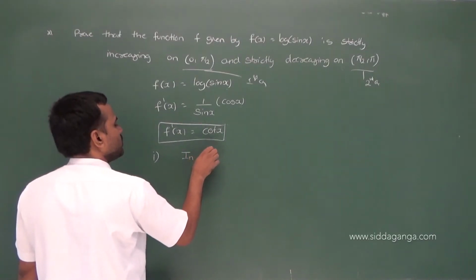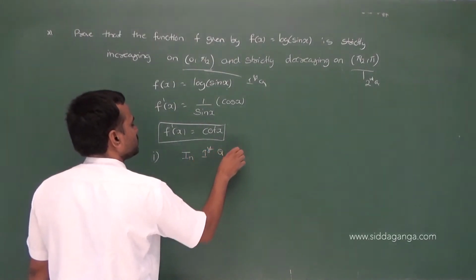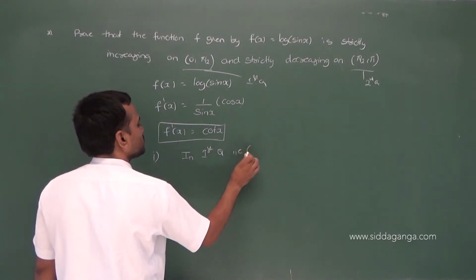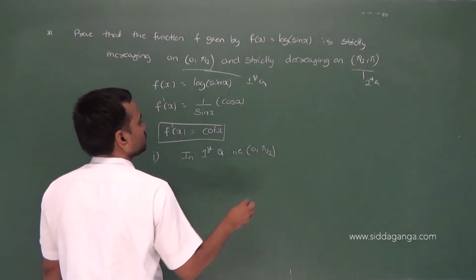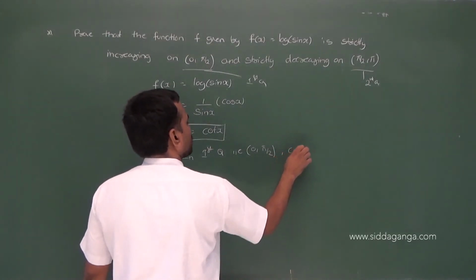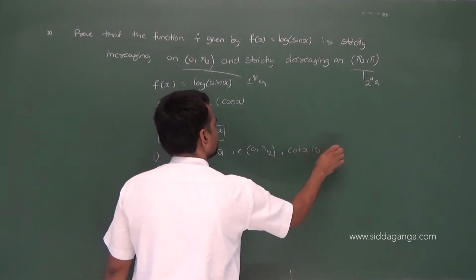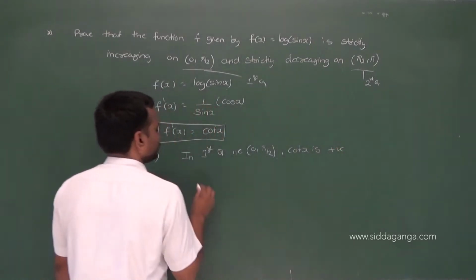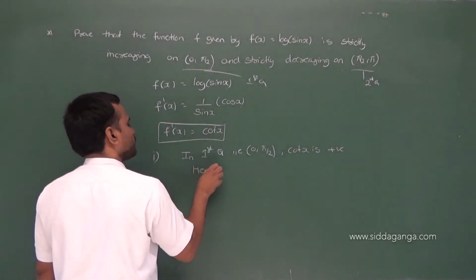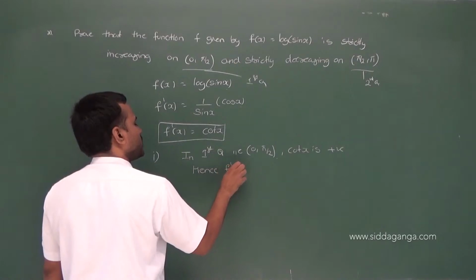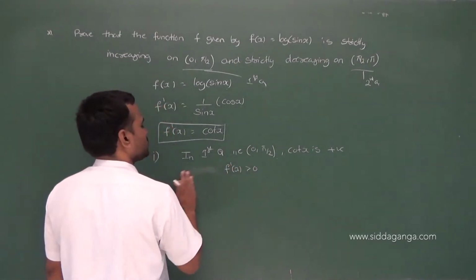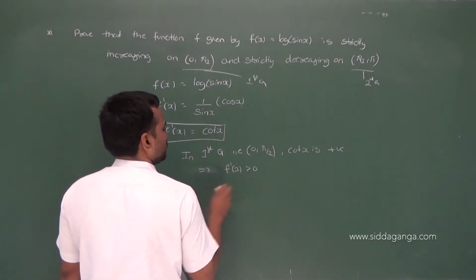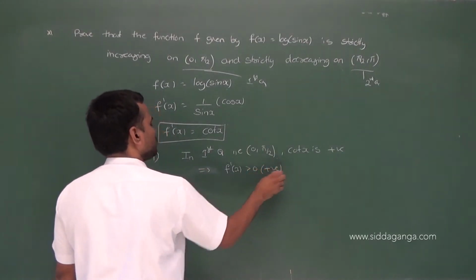In the first quadrant, that is 0 to pi by 2, cot x is positive. Hence, f dash of x greater than 0, that implies positive.